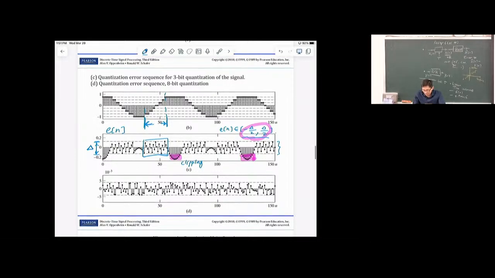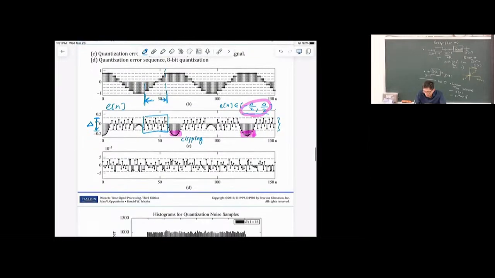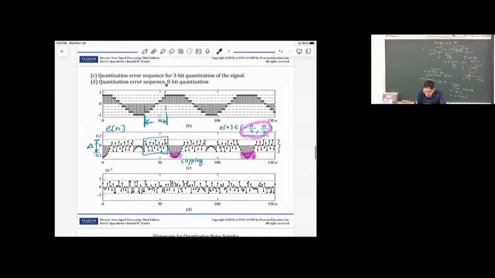But how about this, another example of quantization now. At the bottom right here for plot D, we have an example of quantizing the same signal but with 8 bits.